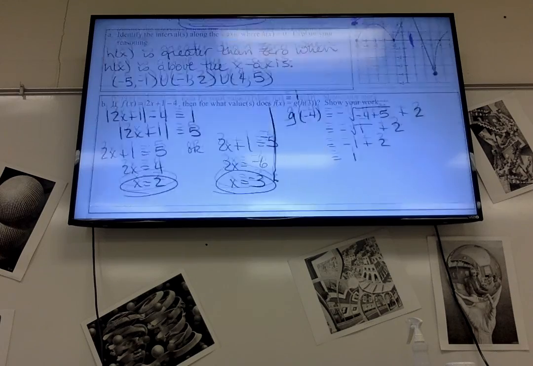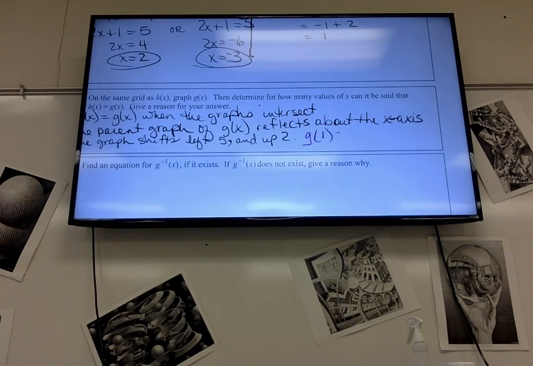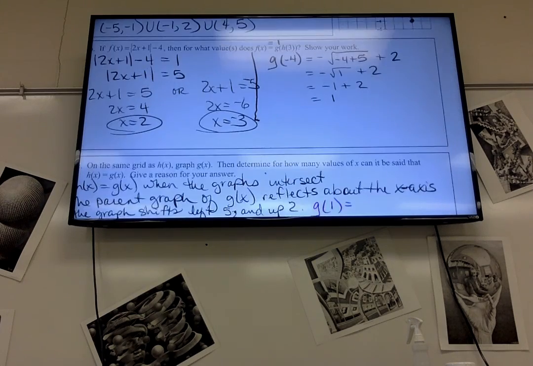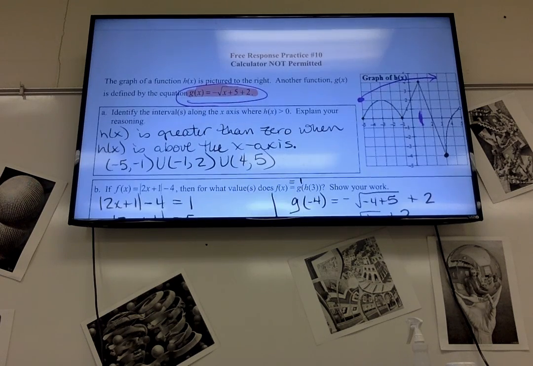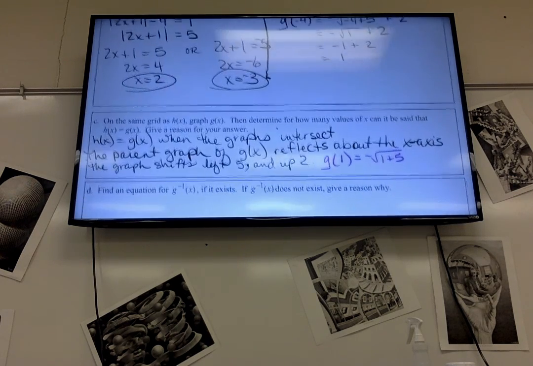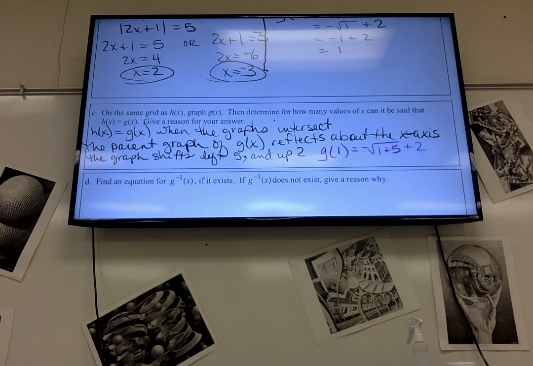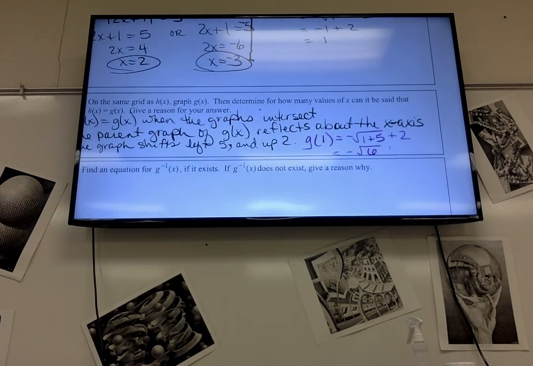G of 1, oh, did I already do g of 1? No, I didn't. G of 1 is negative square root of 1 plus 5, and then plus 2. So that's negative the square root of 6 plus 2.